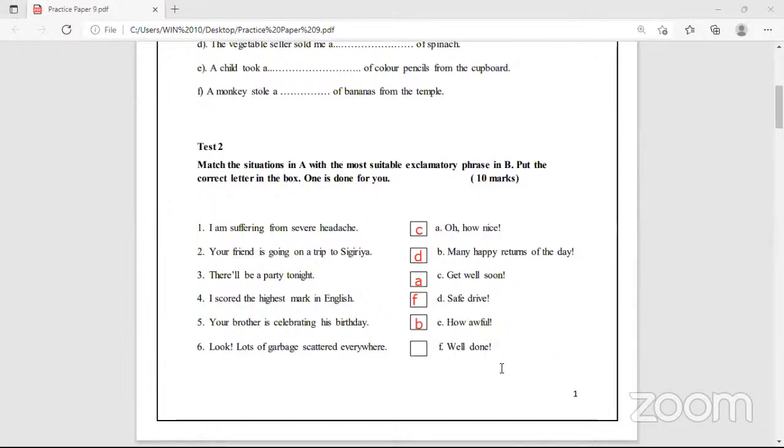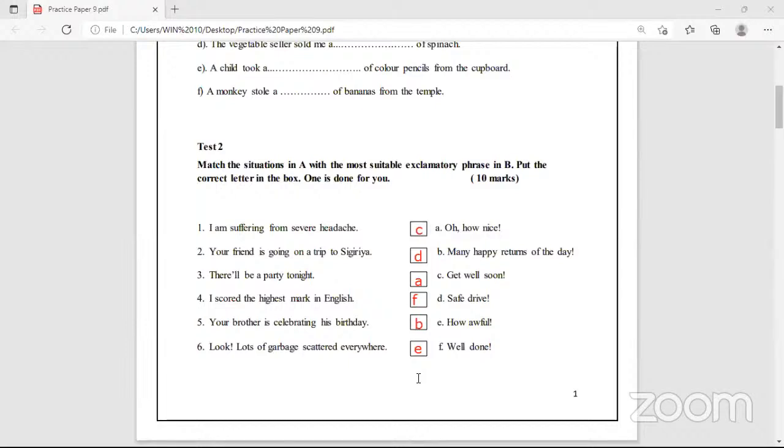And the last one, look, lots of garbage scattered everywhere. So the last response is how awful. E. How awful. That means that's not good, right? That's dangerous. Scattered garbage.